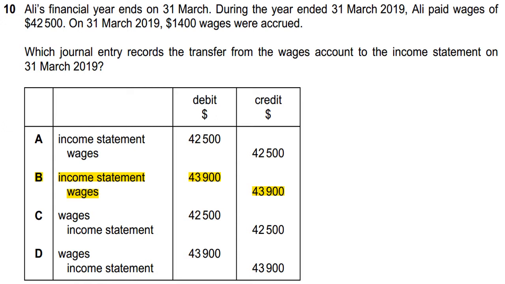So these expenses were incurred in this year, and this will be transferred to the income statement in this year, even though we will pay it in the next year. But it is recorded in the current year.